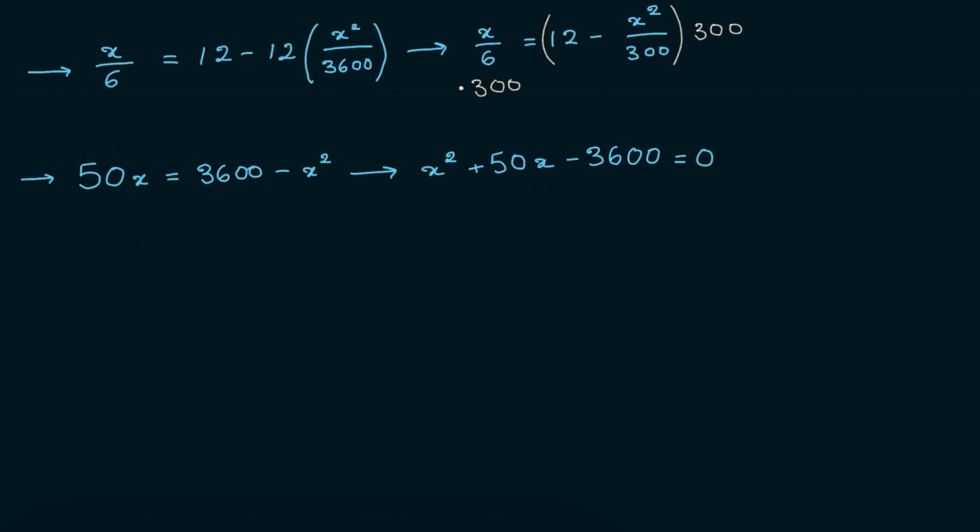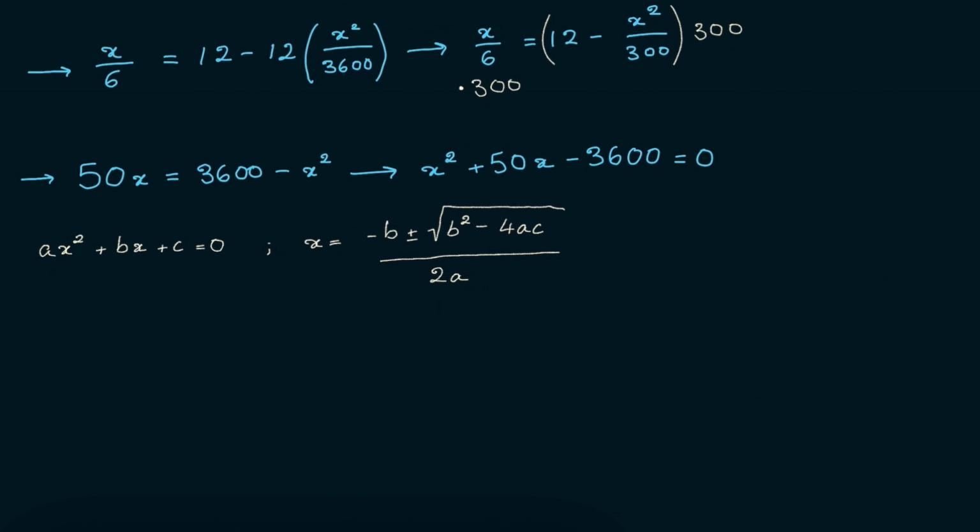And the quadratic formula is, if you have an equation, let's say ax squared plus b times x plus c equals 0, x is equal to negative b plus or minus the square root of b squared minus 4ac all over 2a.